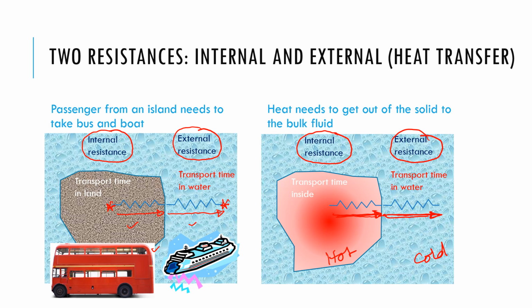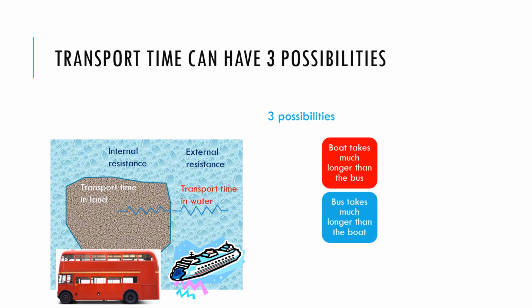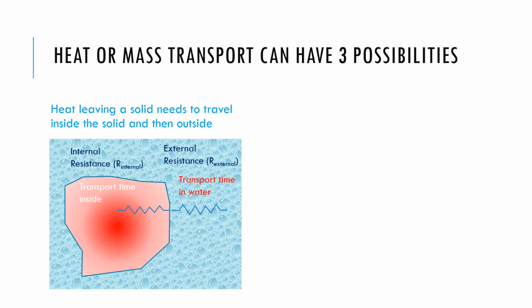So now let's look at the relative magnitudes of these. There can be three possibilities, right? One is the boat takes much longer than the bus. The other one could be the bus takes much longer than the boat, and the third, they take about the same time. By analogy, in heat transfer, the heat leaving the solid needs to travel inside the solid and then outside.